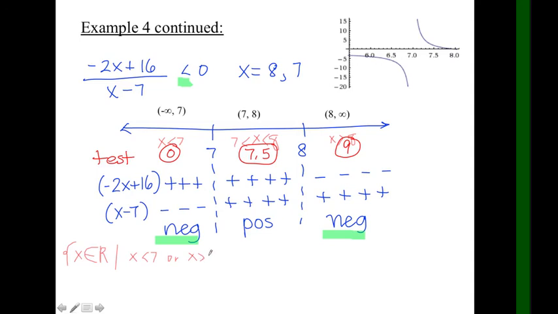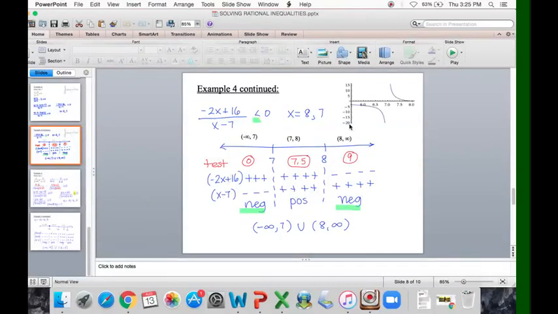Ayan. So, ito yung kanilang diagram. The solution set is negative infinity to 7, union 8 to positive infinity. Kukunin mo lang itong mga nandito sa taas. Okay? So, that's all about solving rational inequalities.